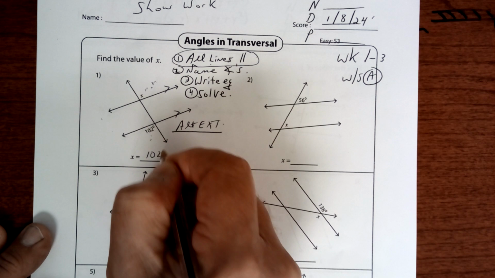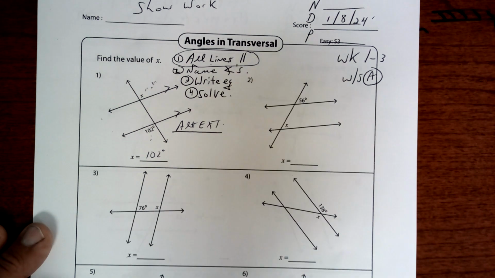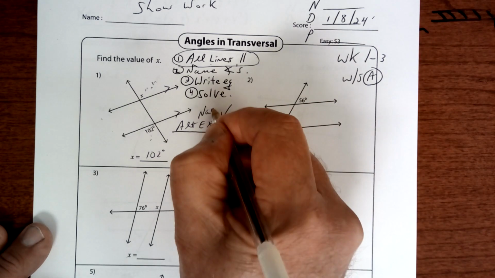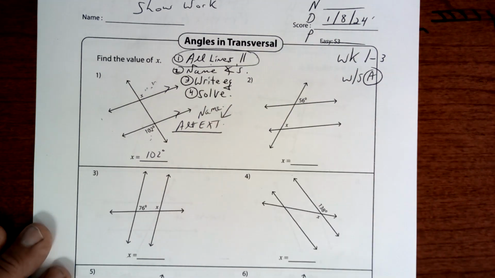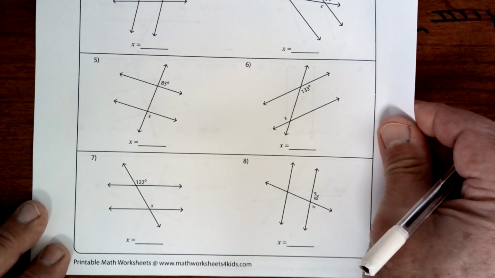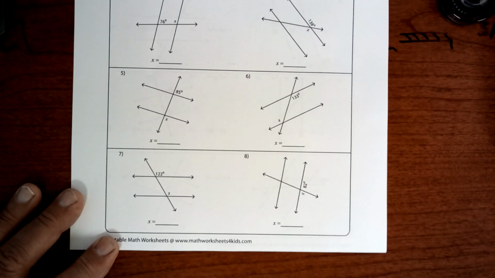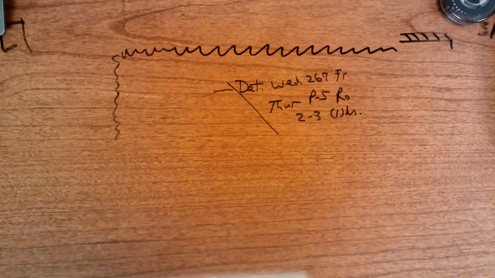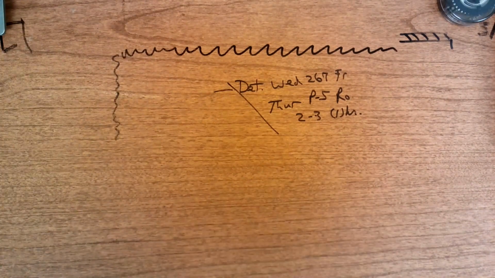They're equal. So I want you to name it and then write an equation. Now you can't really write an equation for this. The backside you can write an equation, and I do want an equation. So take a look at the backside.